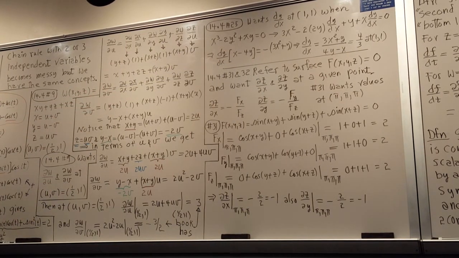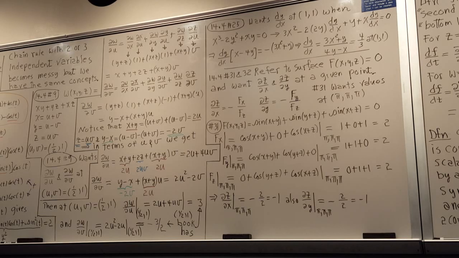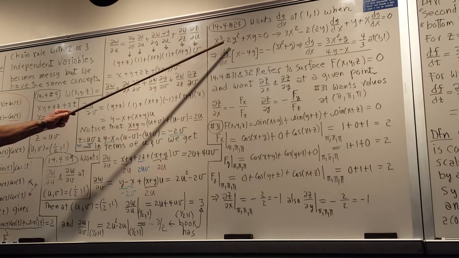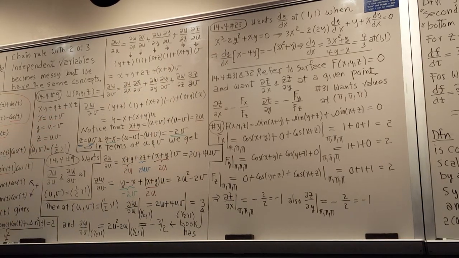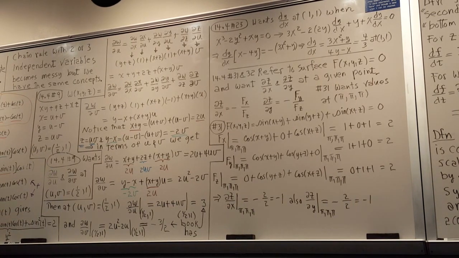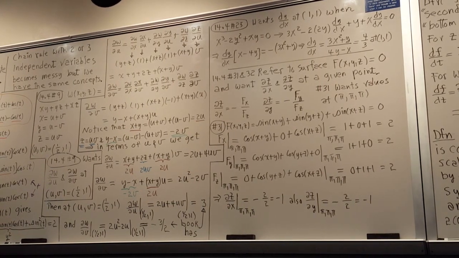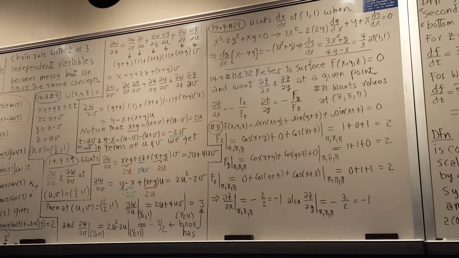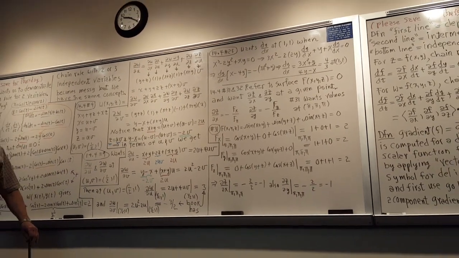So that means if you were trying to use Maple to get a graph of the curve, you would use implicit plot. If you have a curve defined by an equation, you use implicit plot.